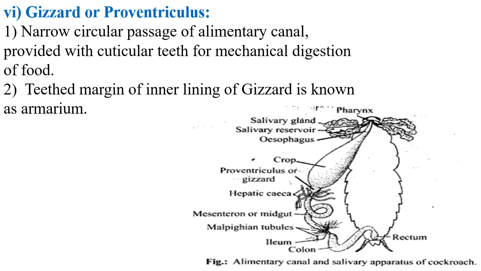But further mechanical digestion takes place within the gizzard, within the proventriculus, with the help of cuticular teeth. Now this teeth margin of the inner lining of the gizzard is referred to as armarium. And armarium, consisting of cuticular teeth, will definitely help in the mechanical digestion of food material, converting it into very fine powdery material.